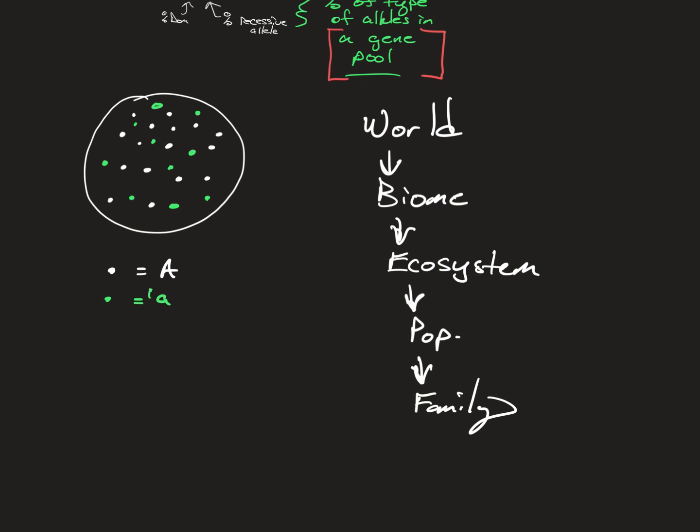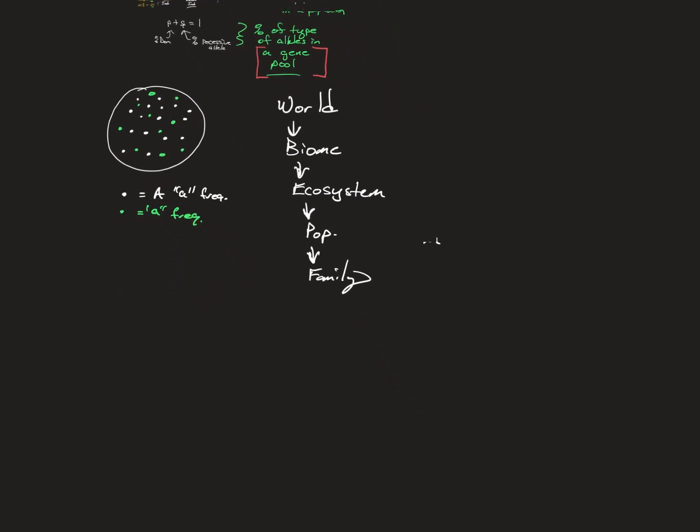The frequency, the percent of big A: for every gene in here, we have this percentage of big A, or that percentage of little a. So when we talk about a gene pool, we're talking about literally a pond of genes. Okay?